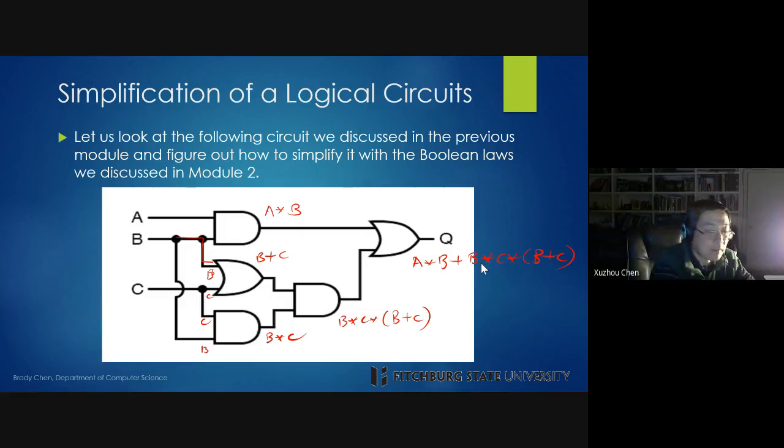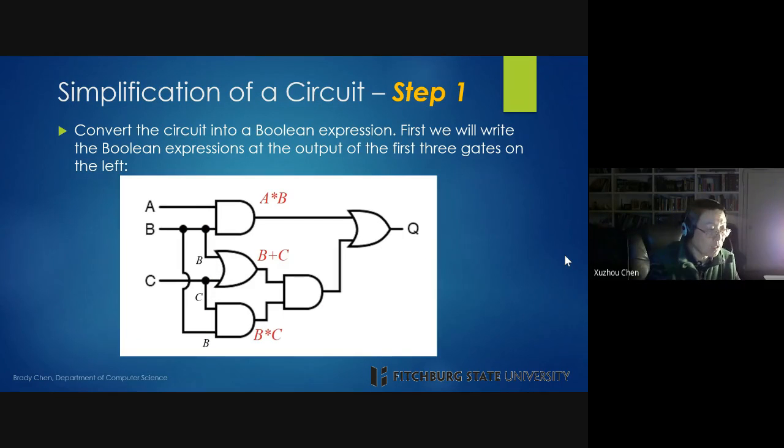Step one, in the first level, we take A and B, and we get A * B, and B + C. That's the AND gate, that's the OR gate, that's the AND gate, that's the OR gate, and the AND gate again.